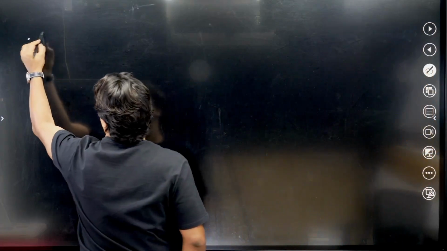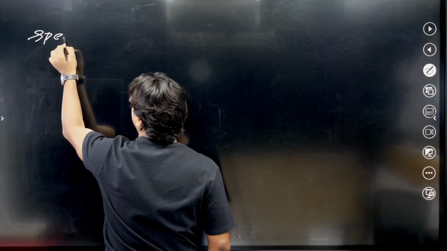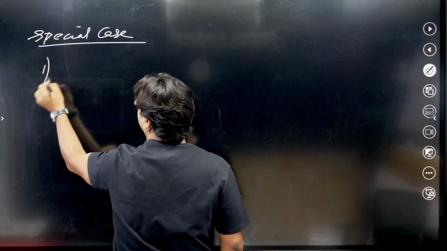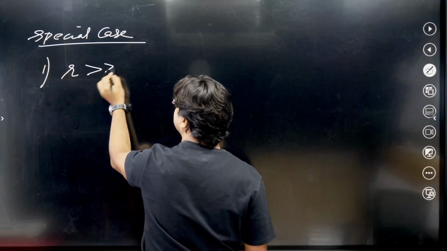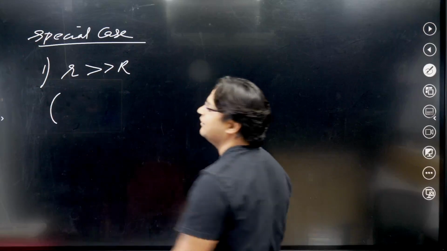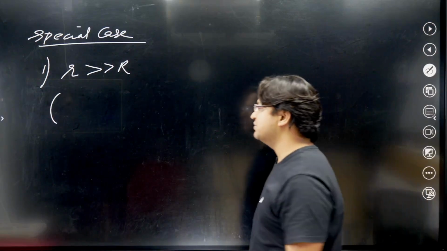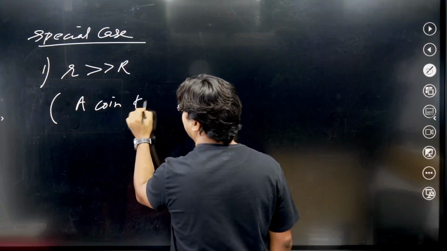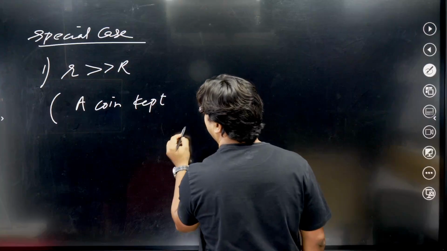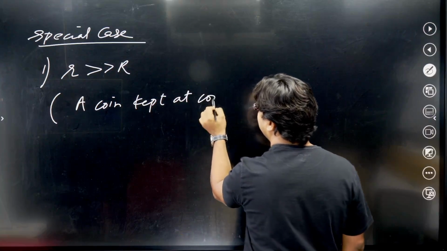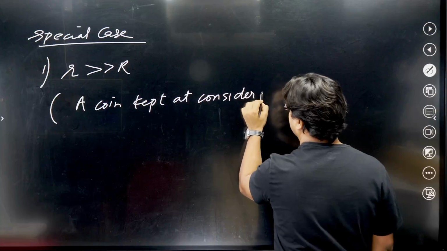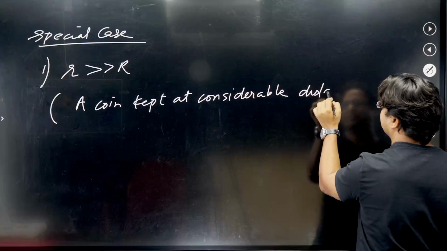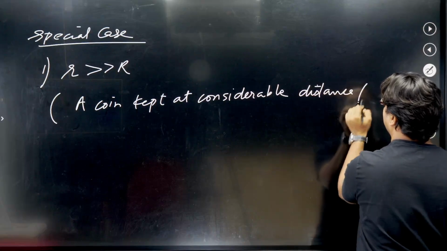Let's consider a special case in which small r is much greater than capital R. If I have to describe it in language, I will say a coin kept at considerable distance from a point source.